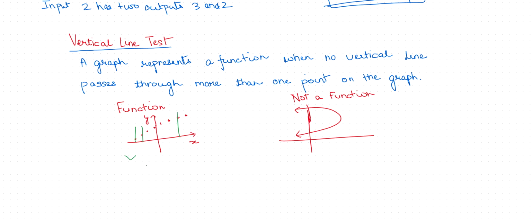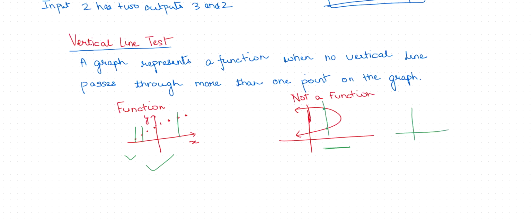Whereas in this graph, if we draw a line, one x has two y's. So it passes through 2 points, basically. A vertical line passes through more than one point. We can have a graph like this also.